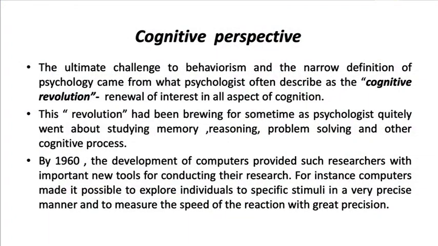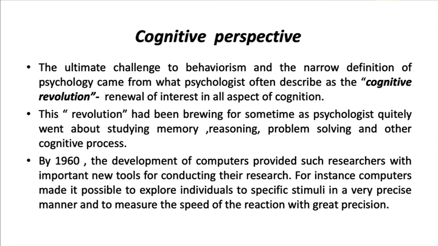Now, the fourth perspective, which is now very popular, is the cognitive perspective. The ultimate challenge to behaviorism and the narrow definition of psychology came from what psychologists often describe as the cognitive revolution, a renewal of interest in all aspects of cognition. This revolution had been brewing for some time as psychologists quietly went about studying memory, reasoning, problem solving and other cognitive processes.